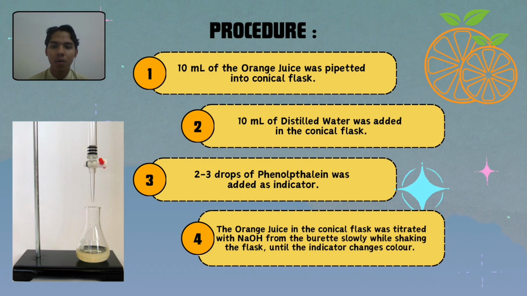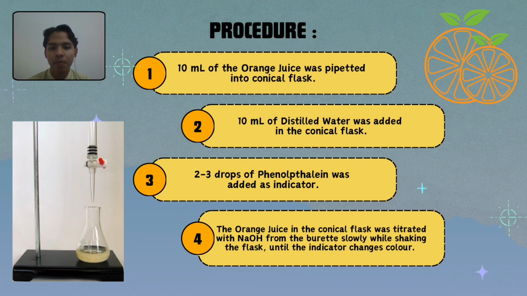Okay, next for the procedure. First step is 10 milliliters of the orange juice was pipetted into a conical flask, and then 10 milliliters of distilled water was added in the conical flask. After that, 2 or 3 drops of phenolphthalein was added as indicator, and then the orange juice in the conical flask was titrated with sodium hydroxide from the burette slowly while shaking the flask until the indicator changes color.